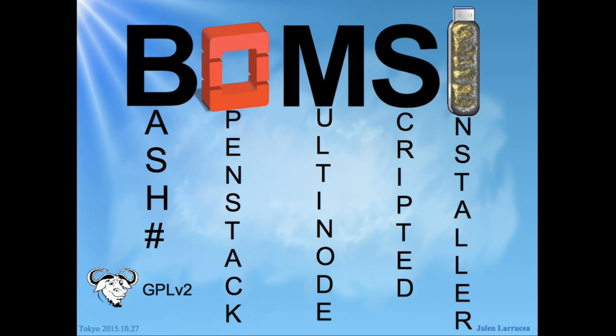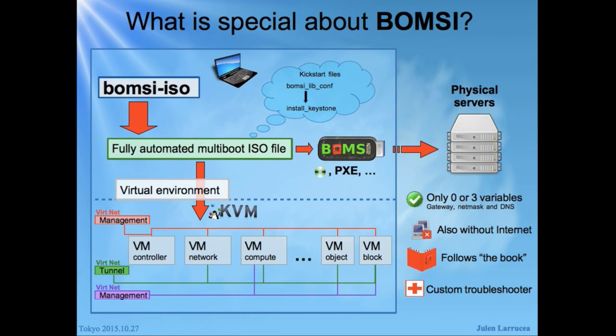Let's see some of the features of BOMSI. BOMSI is basically a main script called BOMSI ISO, which generates an ISO file, and this ISO file contains all the required scripts and variable files. It can also contain all the packages, so that you can even perform a completely offline installation.